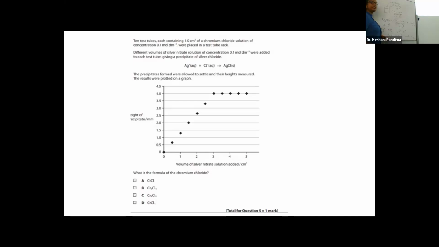All these 3 silver ions should go as silver in the AgCl, so we should get 3 AgCl precipitate. If we want to make 3 AgCl, that means from this chloride, we need the chromium chloride.